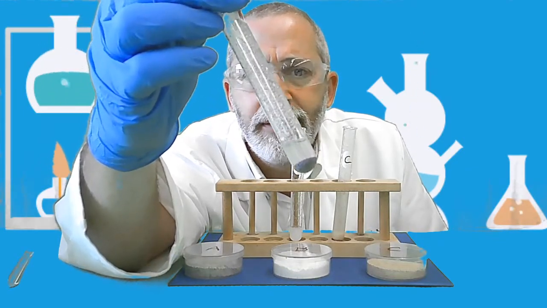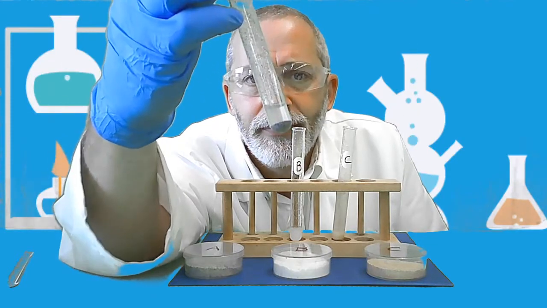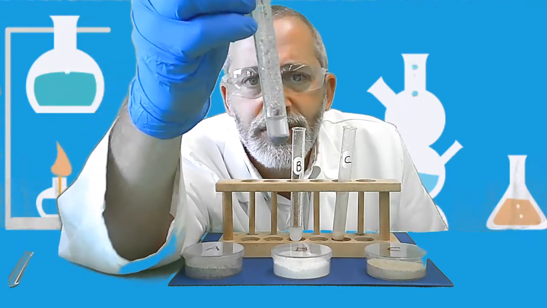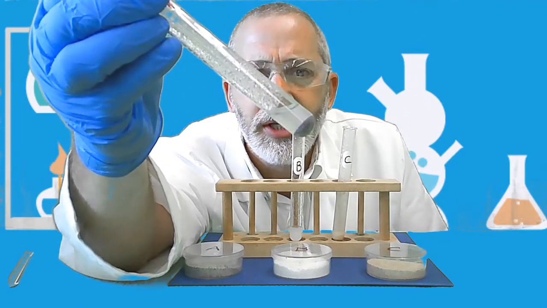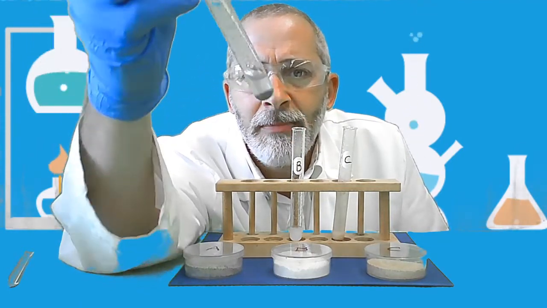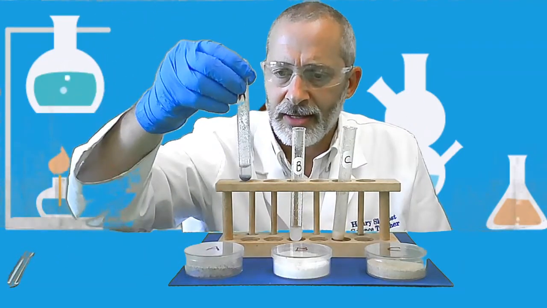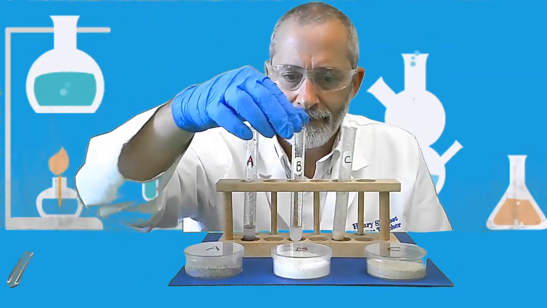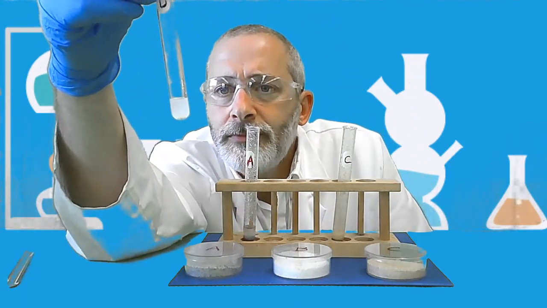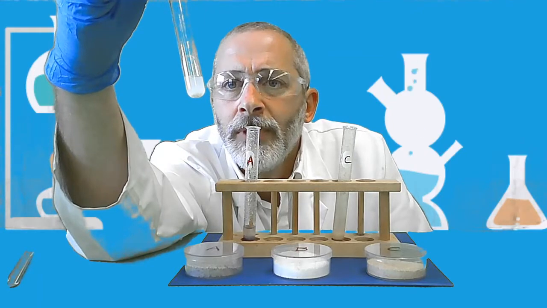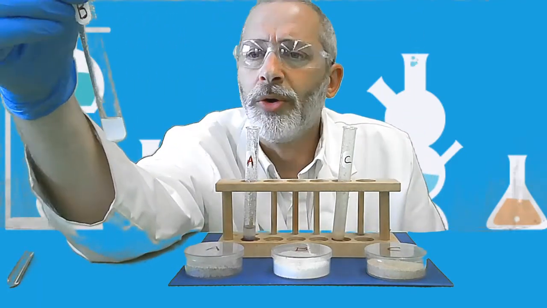Looks like sand. But nothing else is happening. The water is just doing nothing. A little bit cloudy, but mostly clear. So there's not much of anything other than settling sand in test tube A. By the way, test tube A, no odor whatsoever.